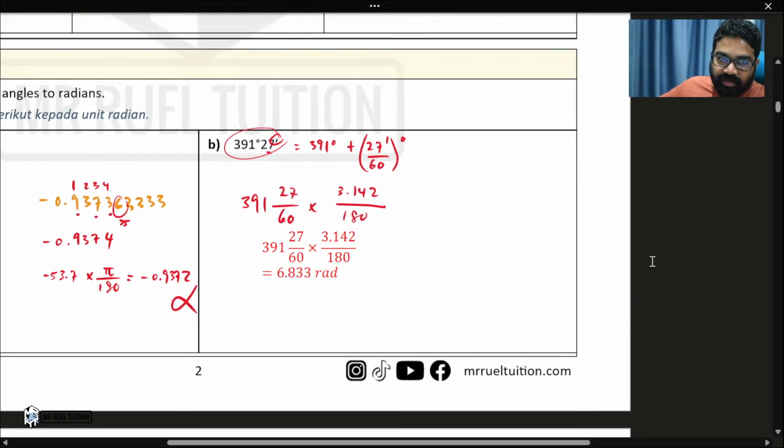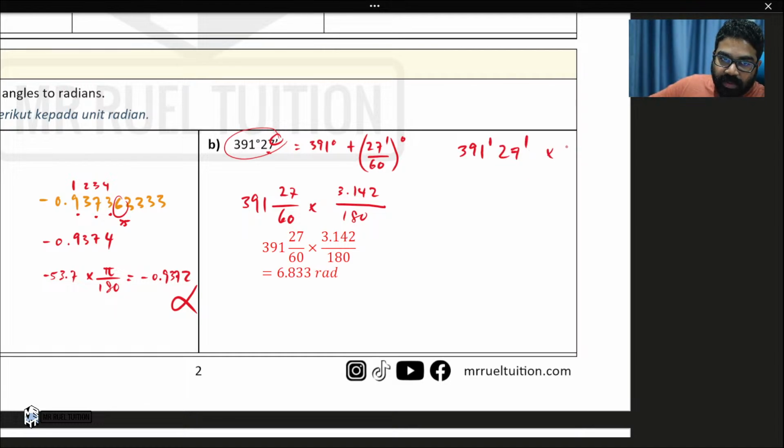In your calculator senang. You just use 391, then you use the symbol, and then 27, use the symbol again. Finish. Darab 3.142 bahagi over 180. The symbol, you know the symbol or not? Symbol yang the apostrophe symbol. Bersebelahan dengan simbol negatif, next to the negative symbol.